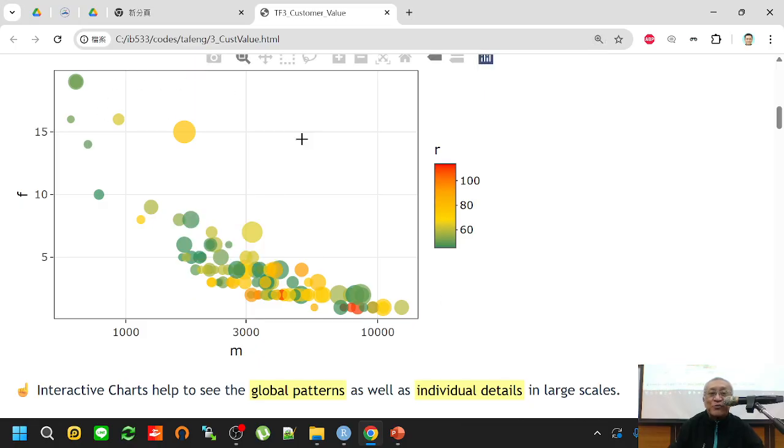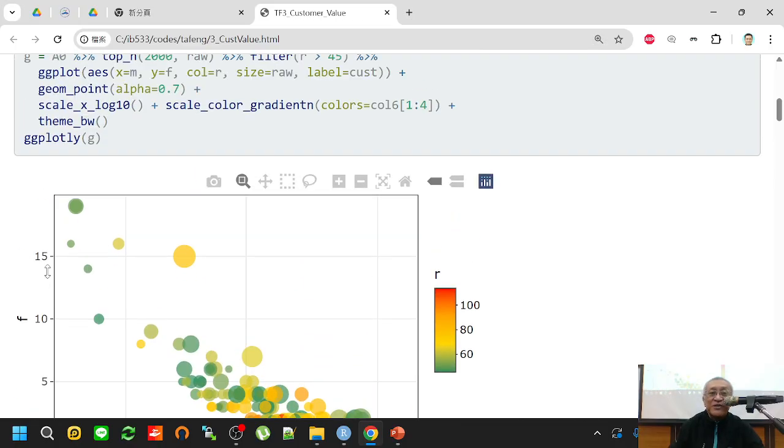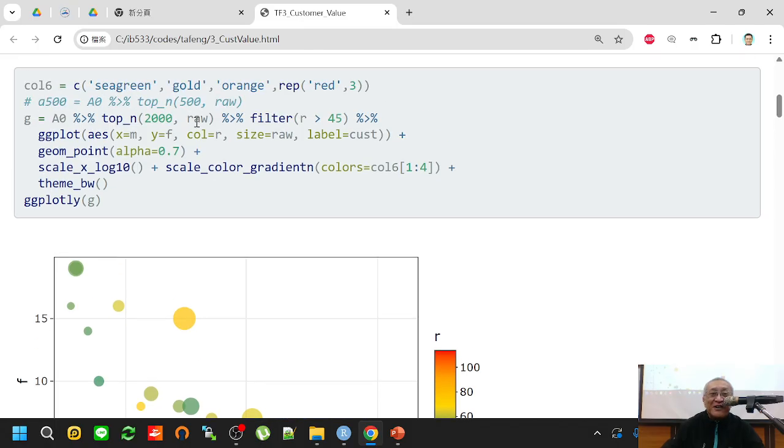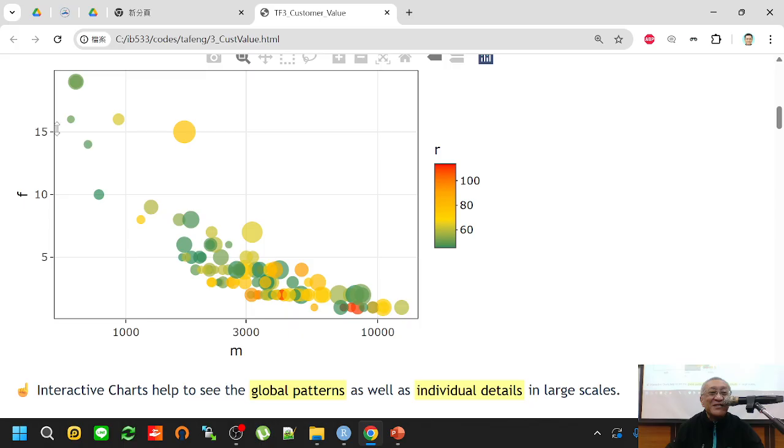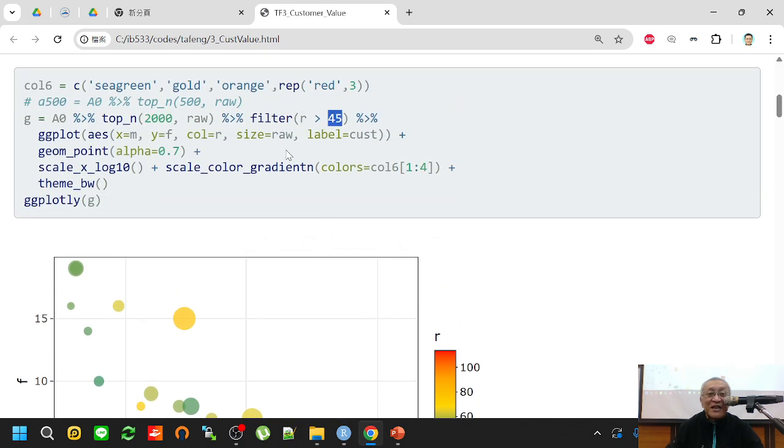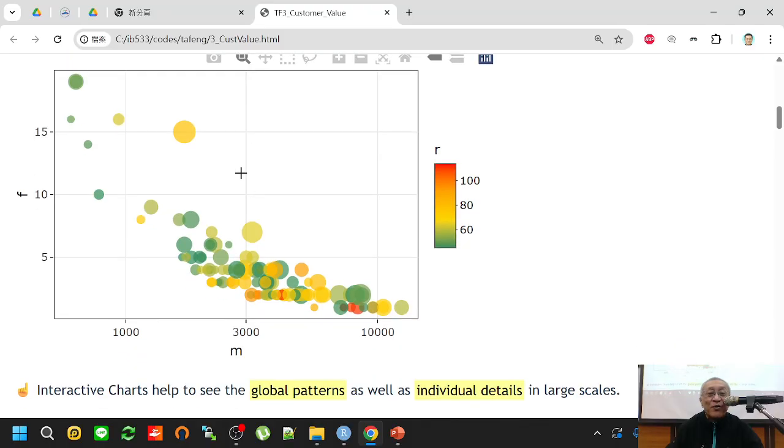if I want to select some customers to do promotion, I want to select a customer who generates more profit, and I want to contact the customer who has not bought from us for some time. Among these customers, the size is the amount of profit generated.